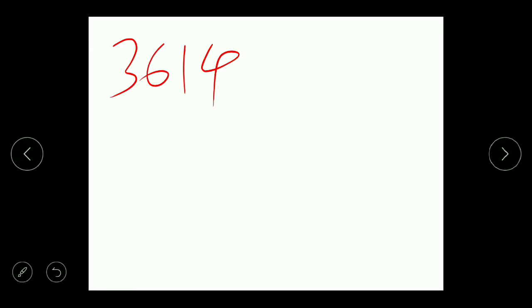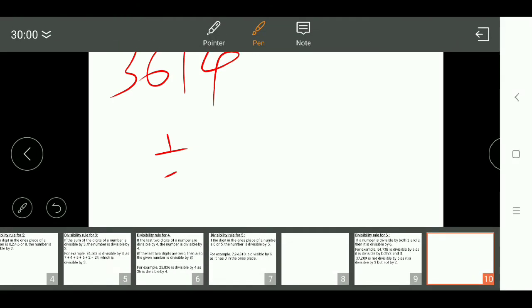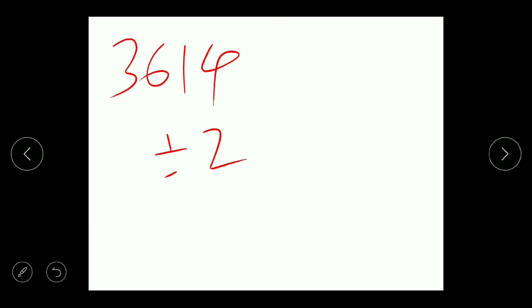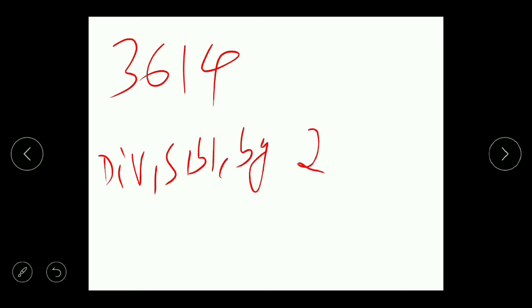Therefore this number is divisible by 2. Then is this number divisible by 3?